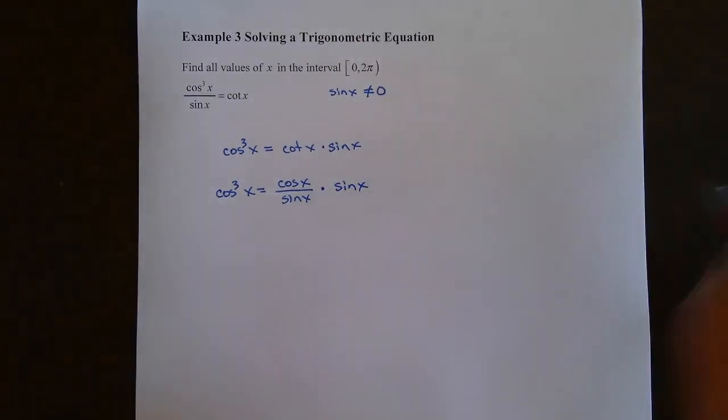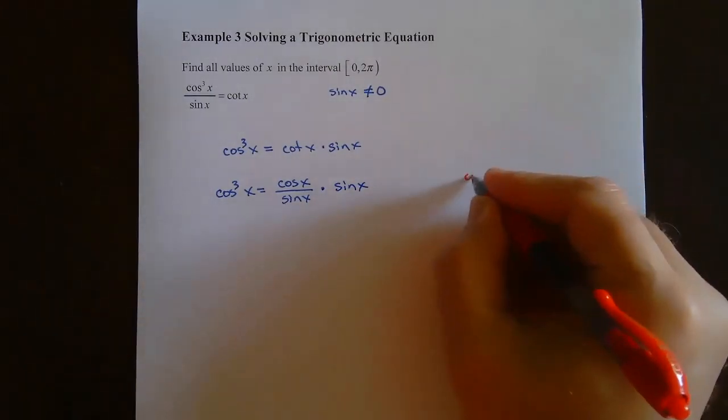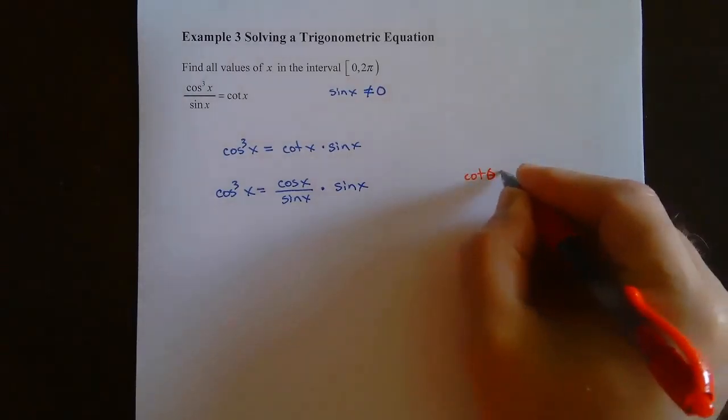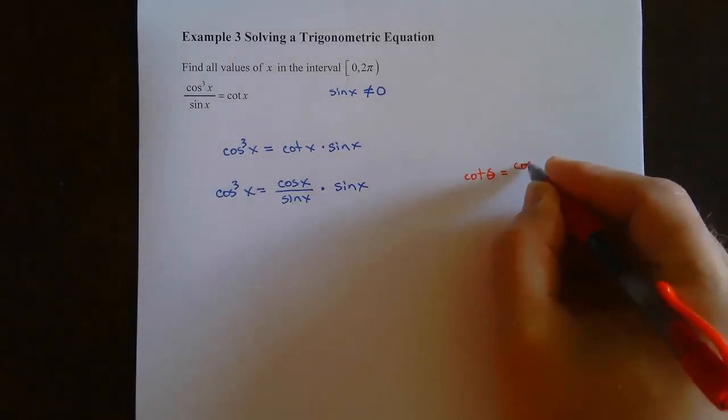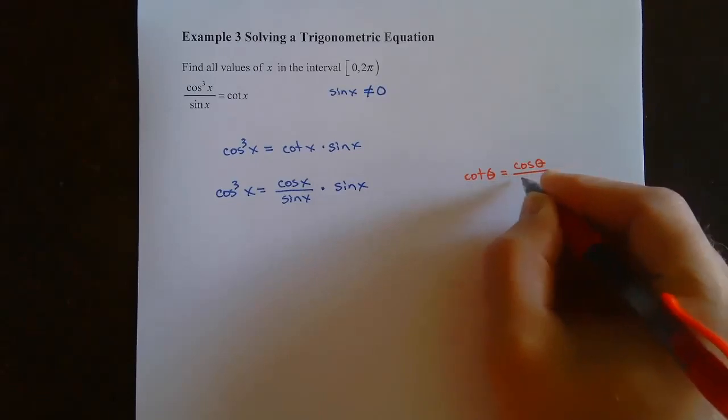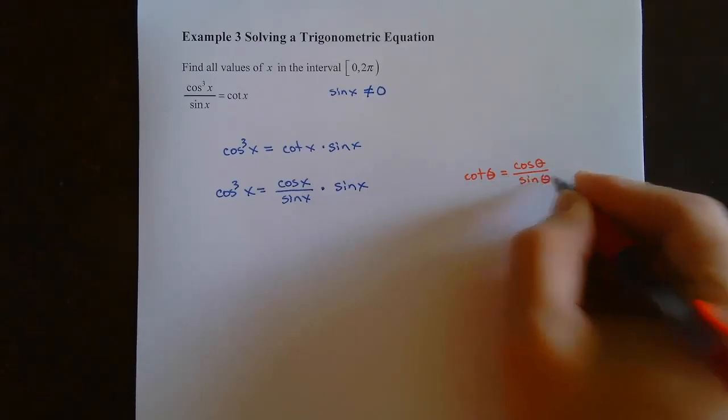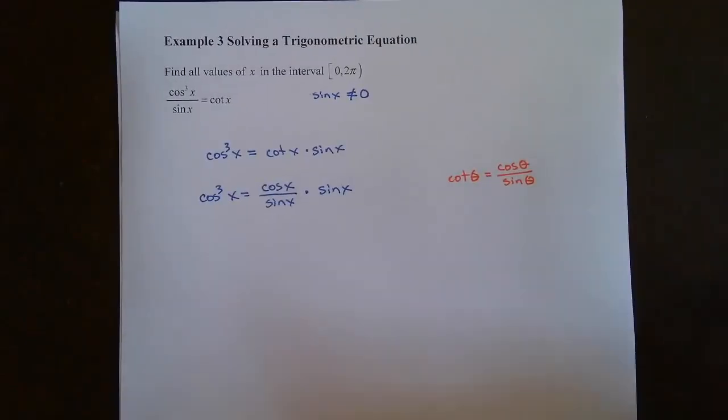And what we used is the identity that cotangent from yesterday, cotangent theta is equal to cosine of theta over sine of theta, okay? And instead of having theta, we have x in the theta spot, okay? But it doesn't matter. It's whatever's in that spot, it's the same, okay?